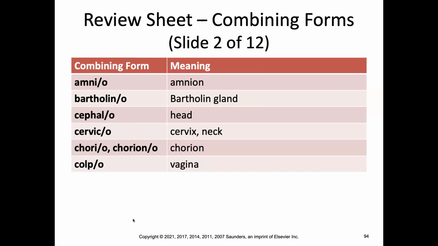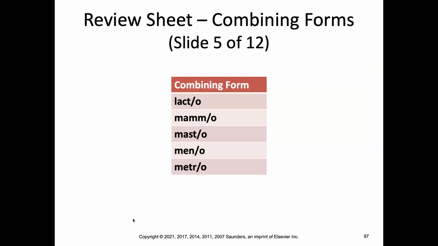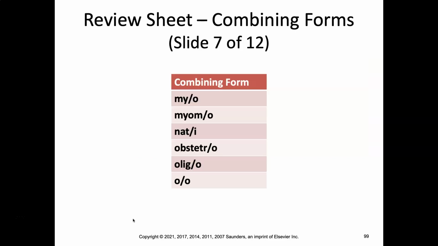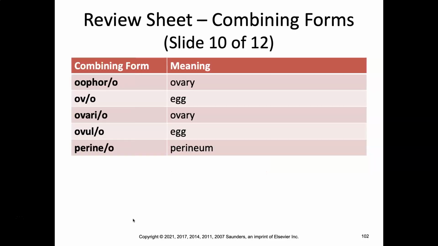And now we get to our combining forms. And remember, our combining forms are made up of a combining root plus a combining vowel. Most of these you saw earlier in the slides, but some of them are additional since then. So it's all good review. Did you notice that about egg?